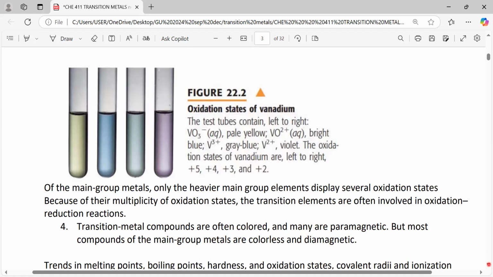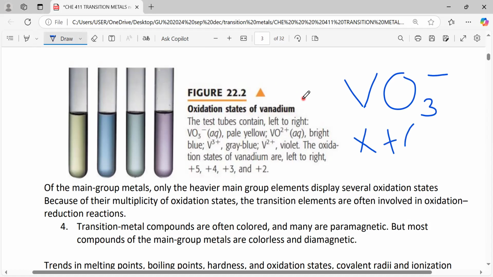Of course, when somebody writes vanadium VO3 minus, it's very easy for you to do your calculations and see how it works. For oxygen, the state for vanadium there will be X plus 3 times -2 should give us -1.